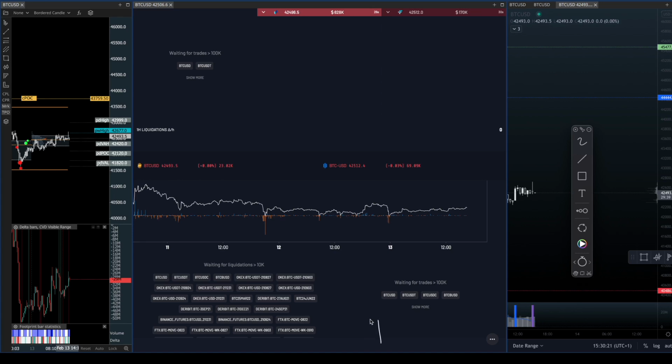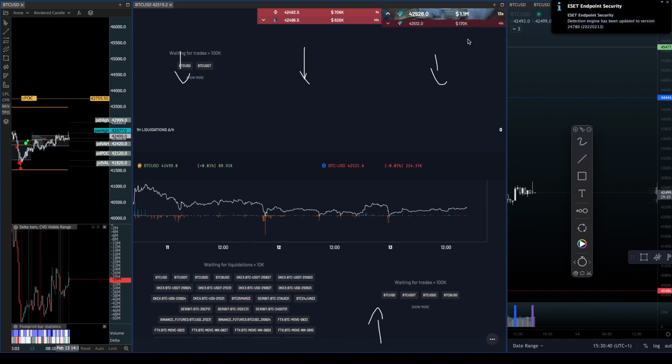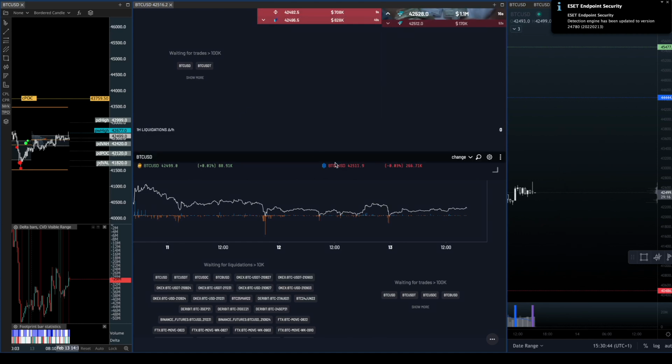If you, for example, see a constant bid from the spot market, and exchanges like FTX and Bybit are constantly selling, and overall futures are selling, this is actually a sign of absorption. Spot is buying, which is the heavier hand, and the futures are selling. So this is one thing you can use.